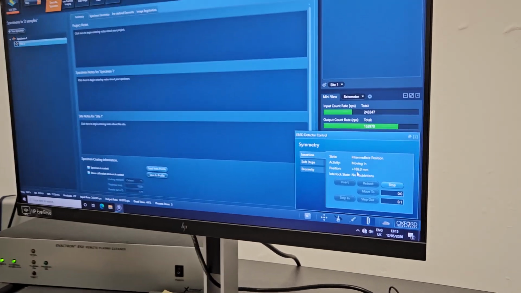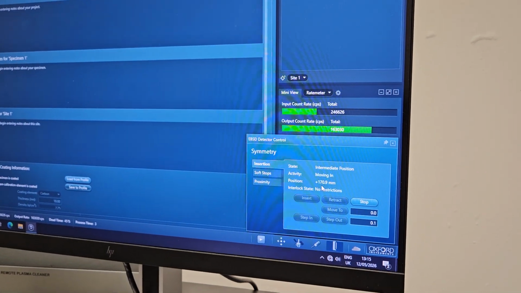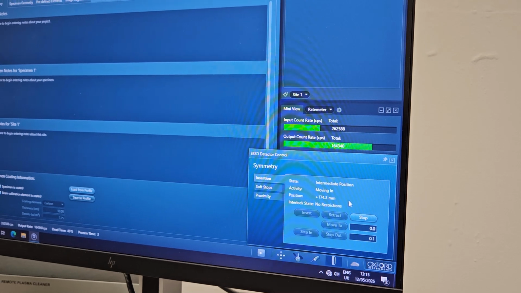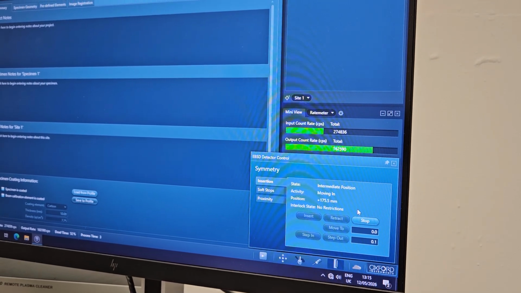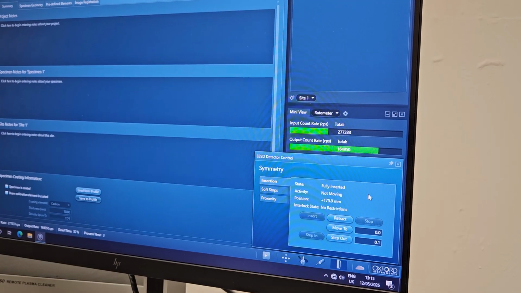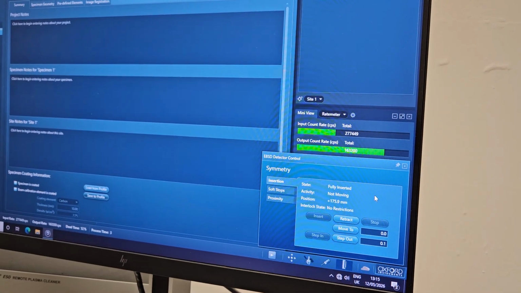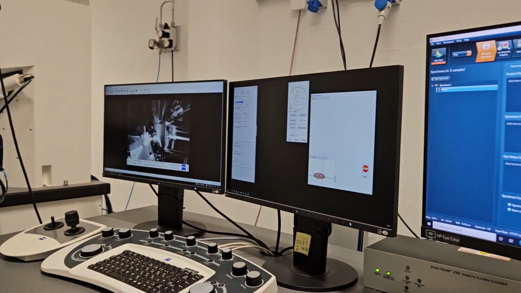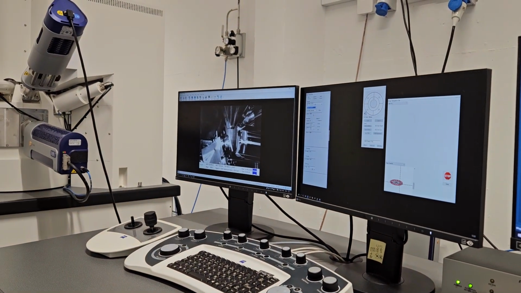It will stop at 175, I think, almost. Yes. So 175.9. You see, it was close, right? Very close, yeah. So anything closer than this can be dangerous.